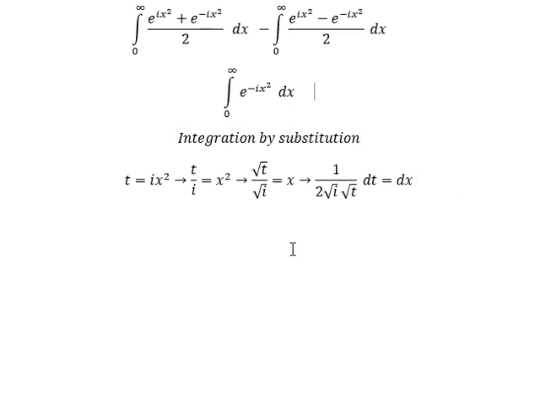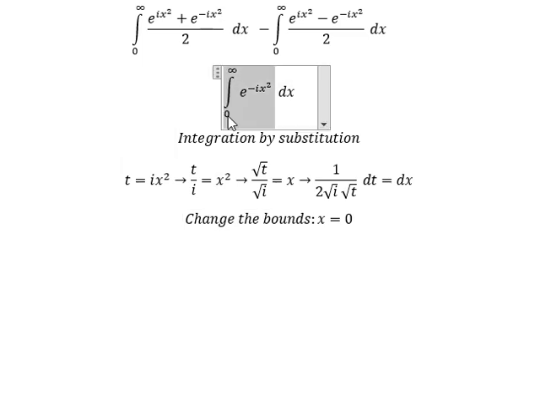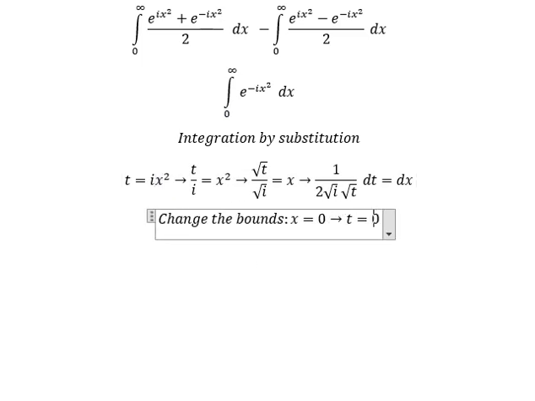Now, we need to change the bounds. When s equals number 0, we have number 0 here, and we put number 0 here. So we have t equals number 0.